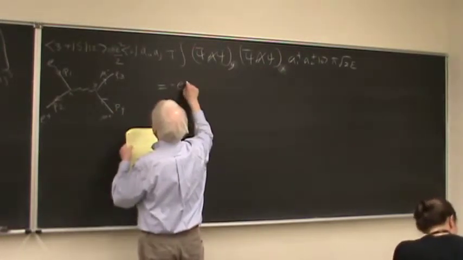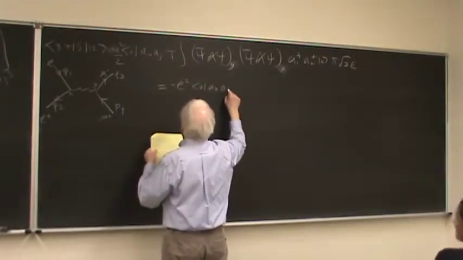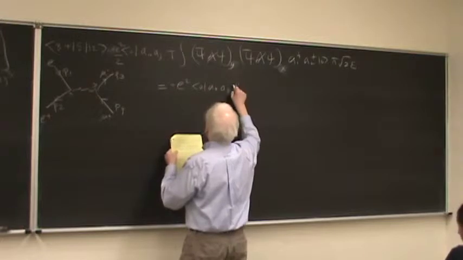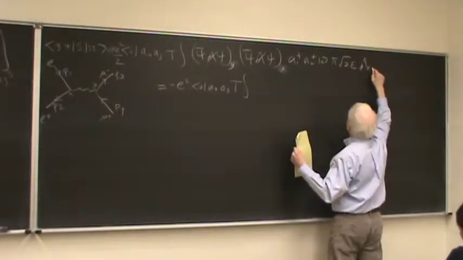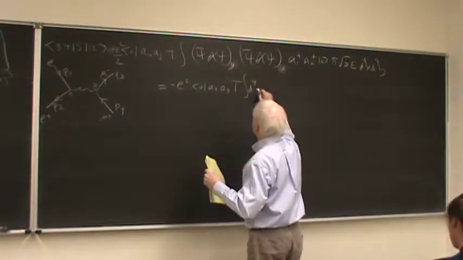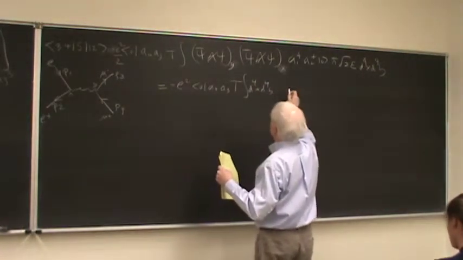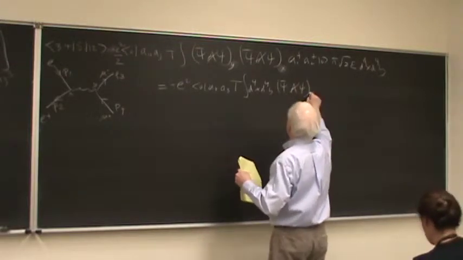And so we have minus e squared, a4, a3, time ordered product, and of course this is an integral d4x, d4y. Time ordered product psi bar A slash psi at y.